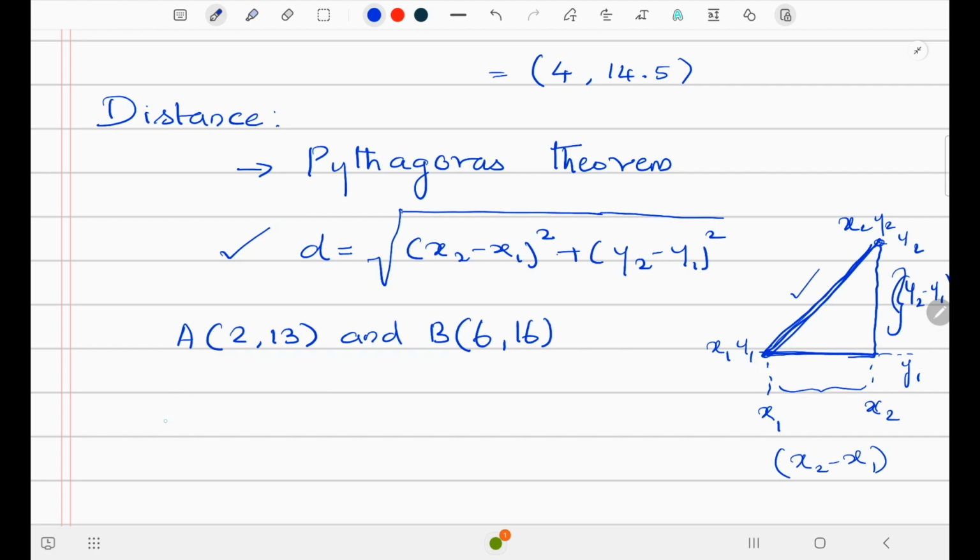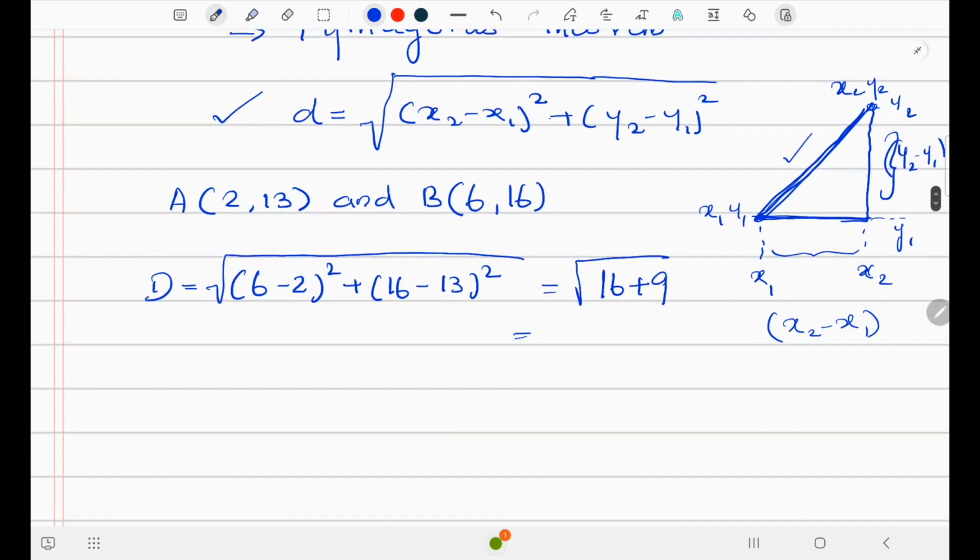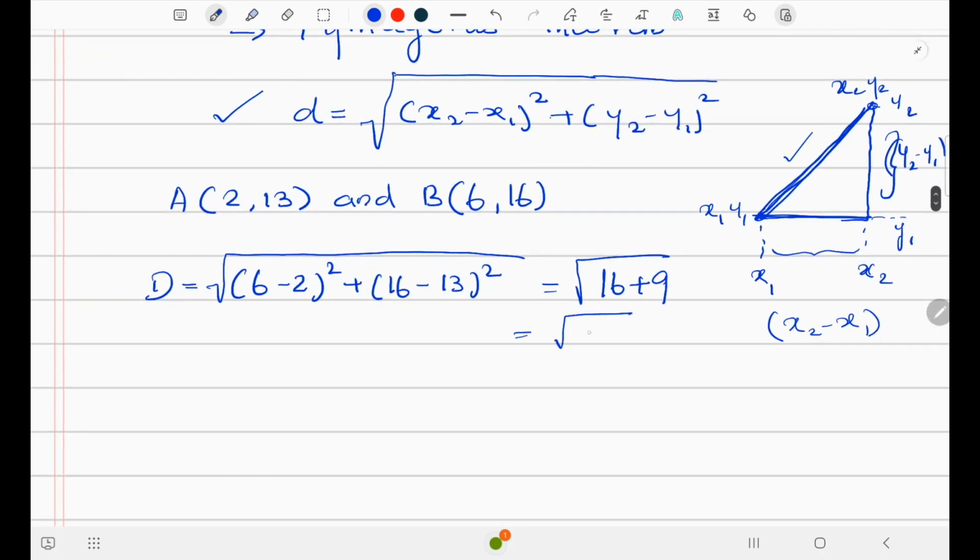We know the formula, the distance between the 2 points d equals the root of 6 minus 2 the whole square plus 16 minus 13 the whole square, which equals root of 16 plus 9, which equals root of 25.